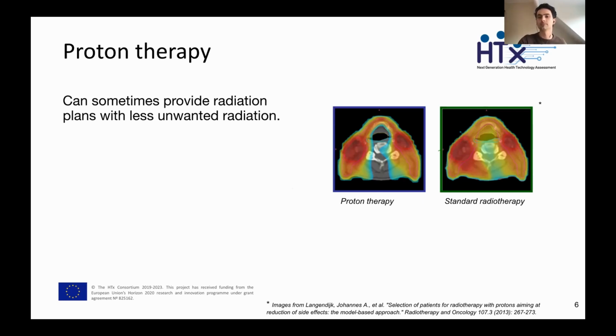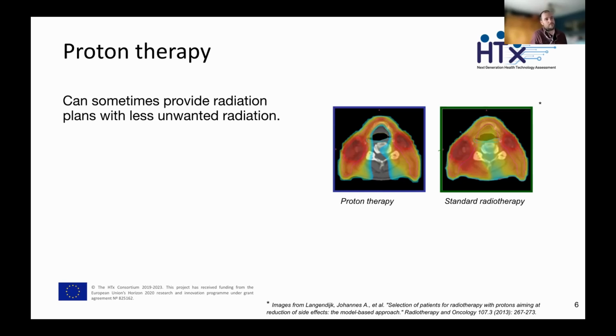Sure. Okay, if I can add something. What you see on both pictures is that the radiation in the tumors, so in the red circles, is basically equal. The idea is that the tumor receives the same amount of radiation with both treatments, but with proton therapy you're able to focus your radiation on the tumor, or at least on areas close to the tumor.